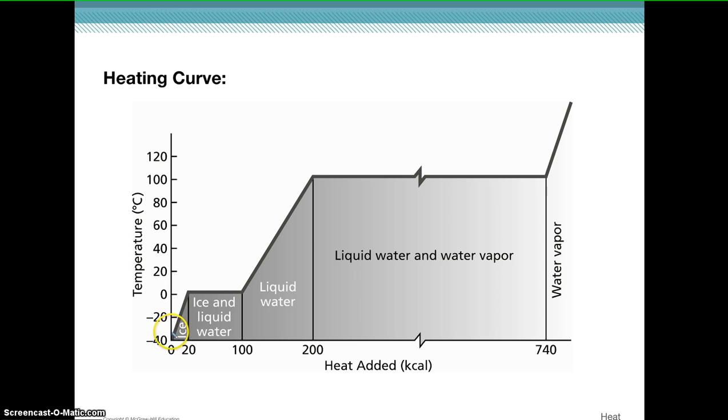Going all the way up this curve to this corner right here, the ice is changing temperature. So this is a temperature change. If we wanted to calculate how much heat is involved there, we would have to use our Cm delta T formula.